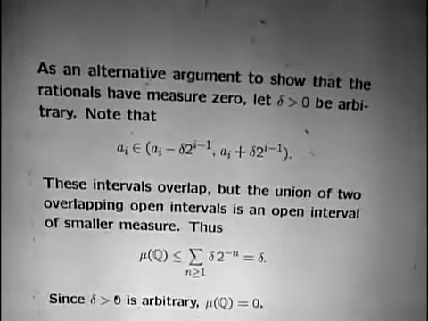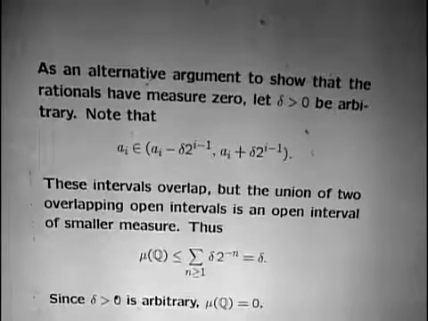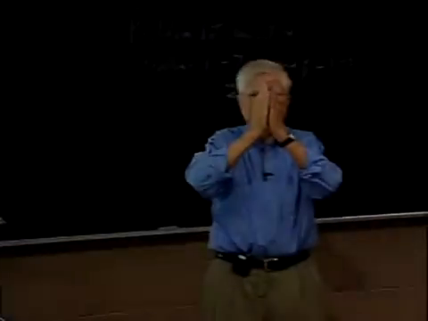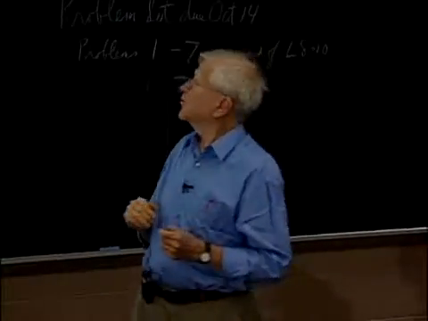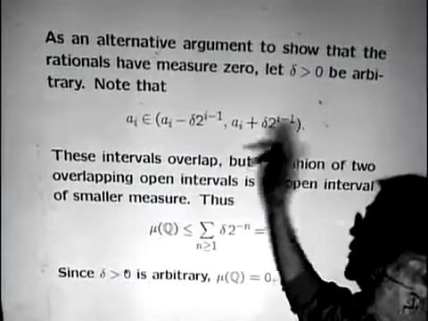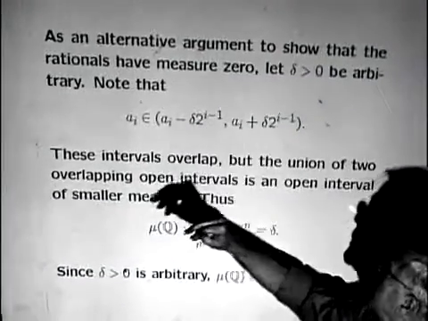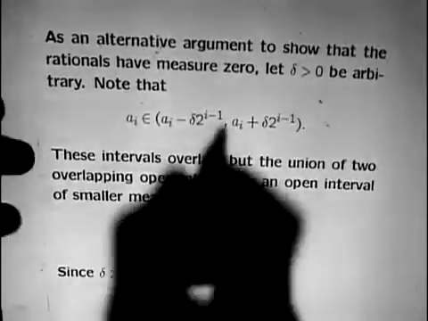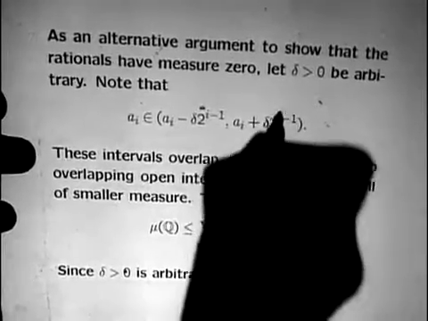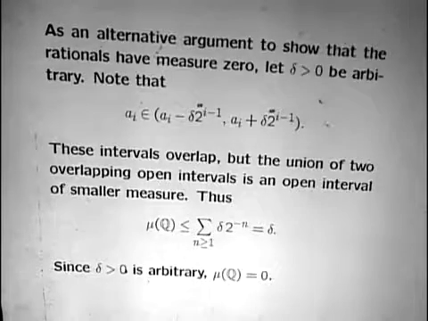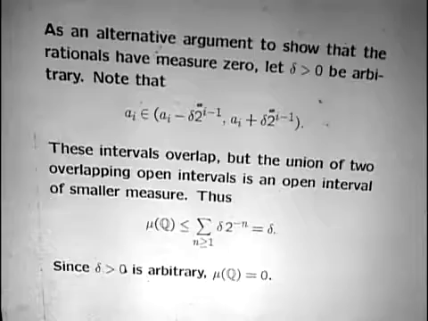And what we're going to do now is for each of these rational numbers, we're going to put a little rectangular hat around them, namely a little interval which includes a sub i, and which also goes delta over 2 this way, delta over 2 that way, and also multiplies that by... my computer knew I was going to talk about computers replacing people, so it made some mistakes to get even with me.